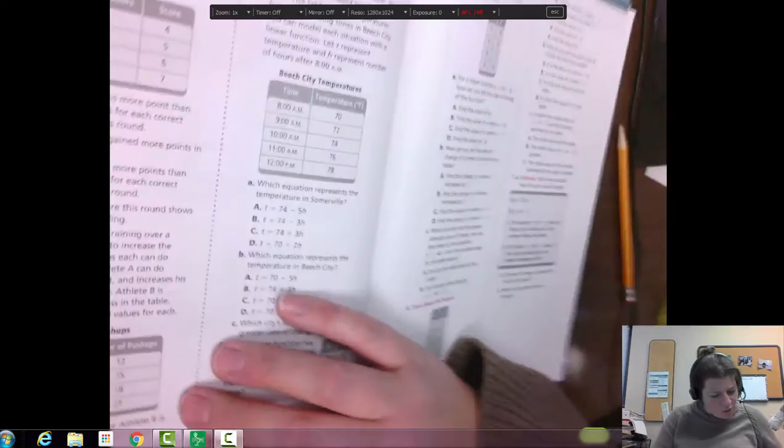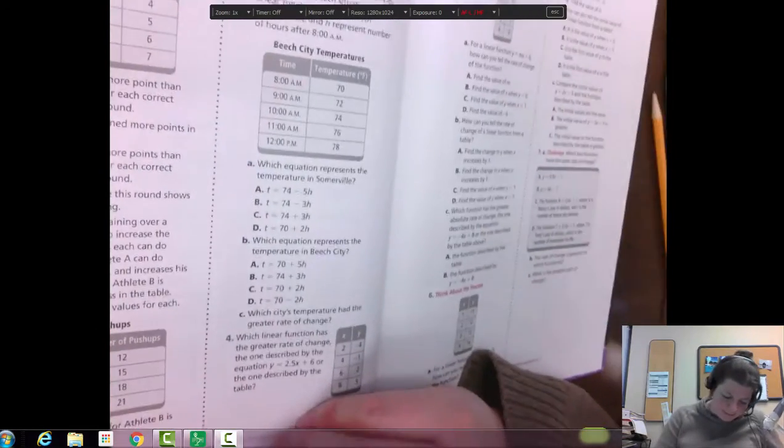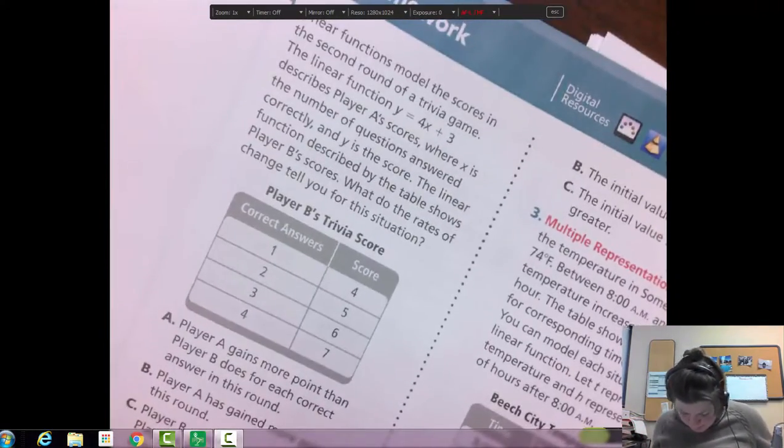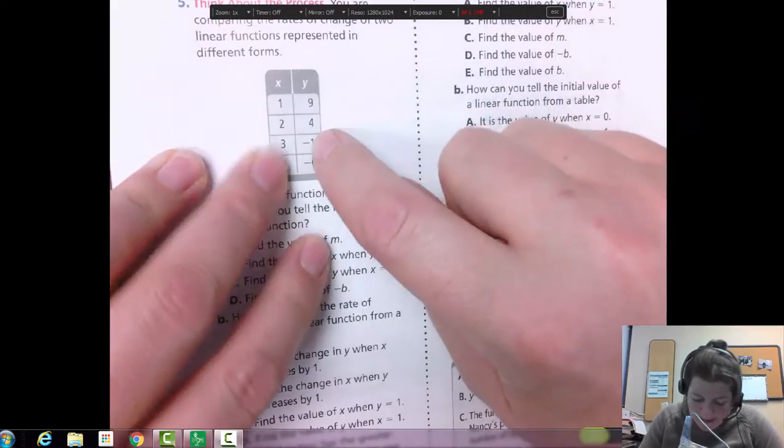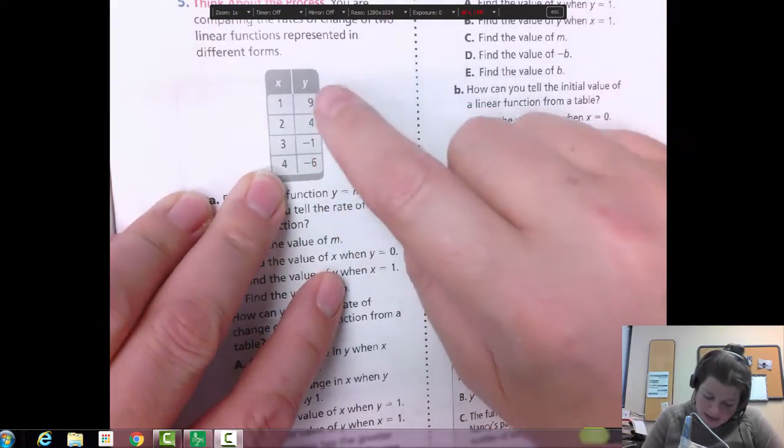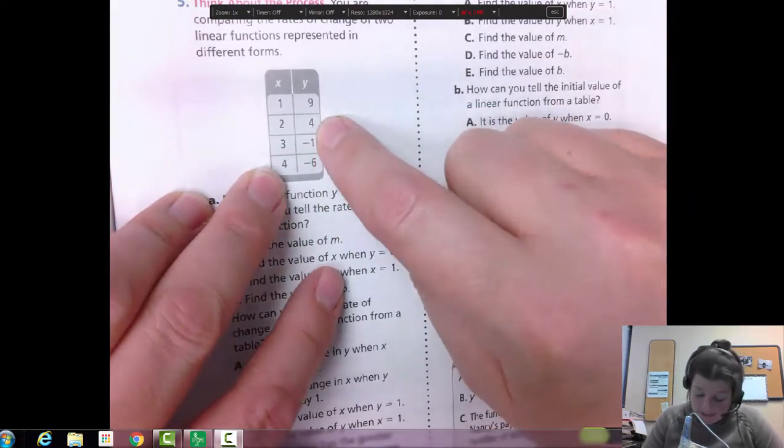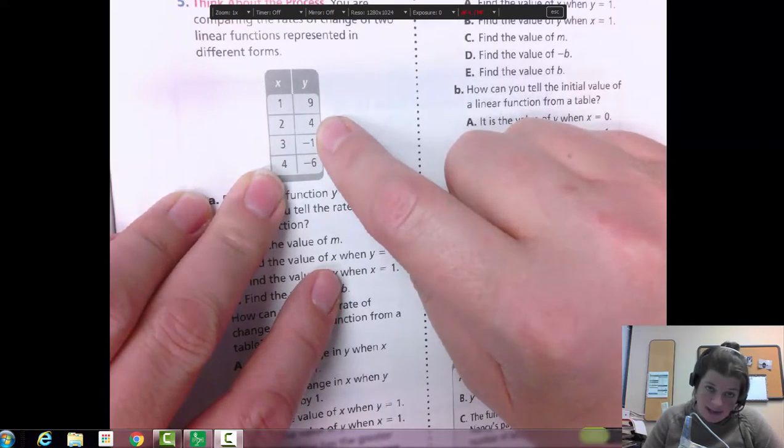So most of the questions they're going to do is like, which one's growing faster? Let me see here. You might have to look at a chart like this and come up with how much it's going up by each time. So from 9 to 4, well, it's not going up, but down, right? What is that rate of change?